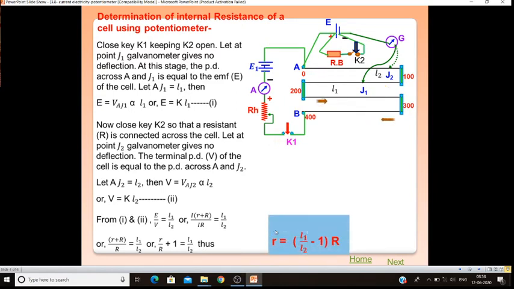Thus we can say r equal to (L1 by L2 minus 1) into R. So if we see the comparison of EMF and internal resistance, the only difference in the circuit diagram in comparison to comparing the EMF of the cell is this: here a cell is included, that is also connected here, but in the internal resistance application, our resistance is connected across the cell.